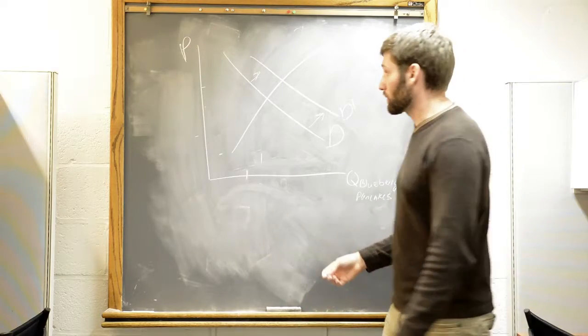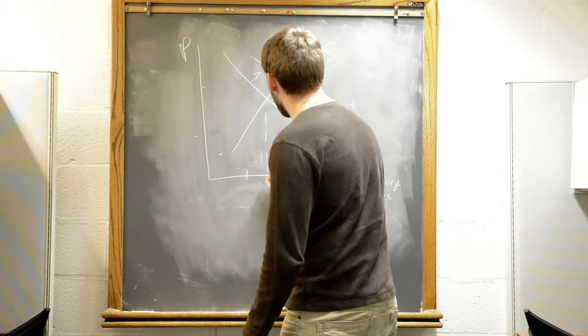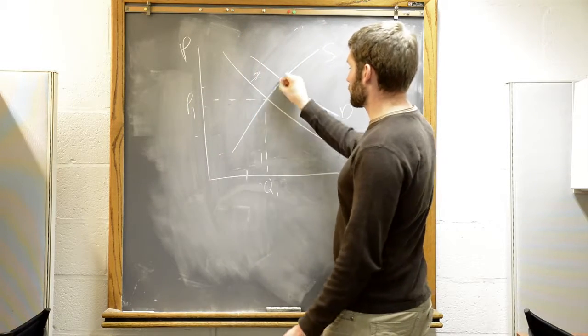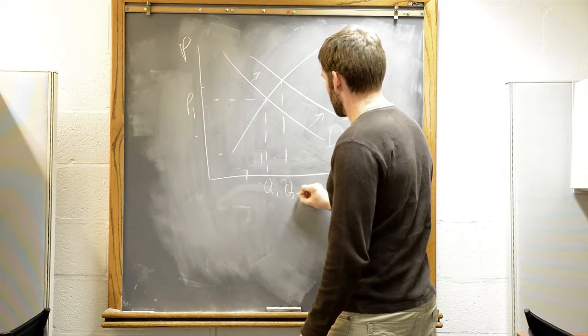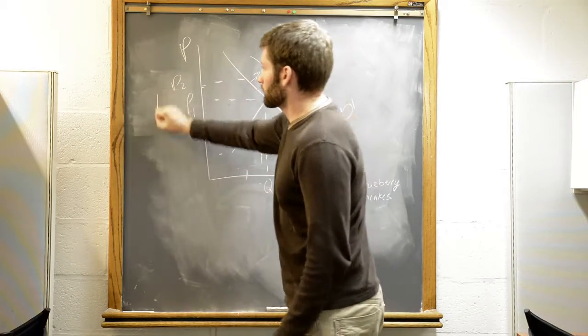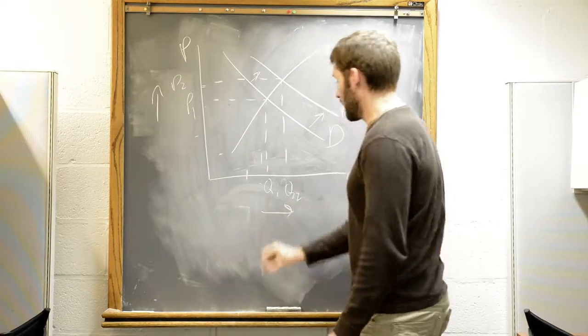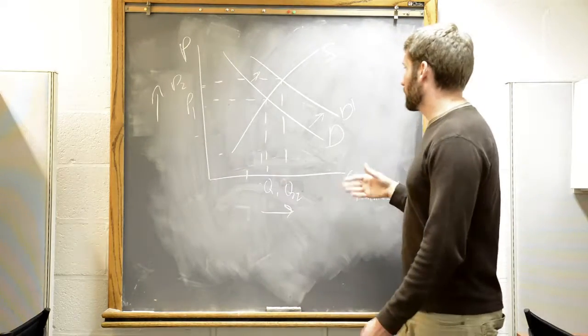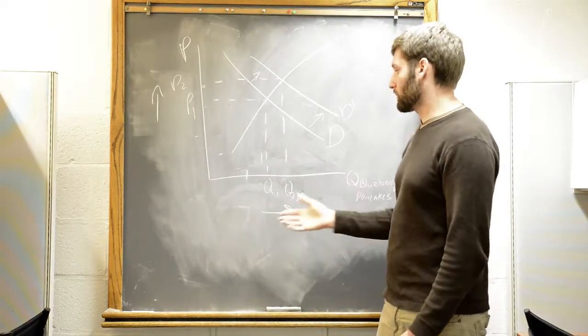Let's look at what happens to our equilibrium. We go from Q1 and P1 over to Q2, P2. Our price increases and our quantity increases. I wouldn't memorize these, like with the demand increase, price goes up, quantity goes up.